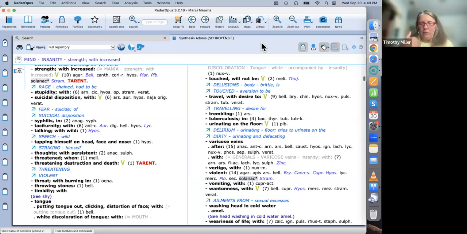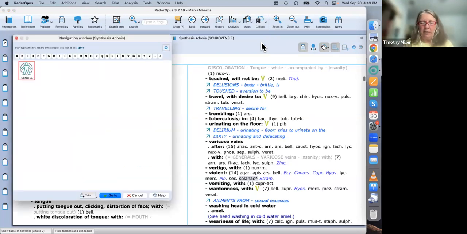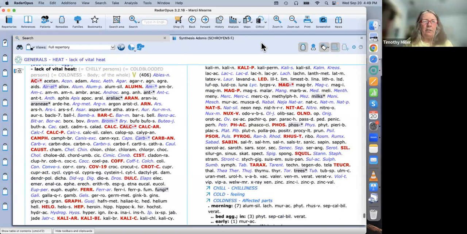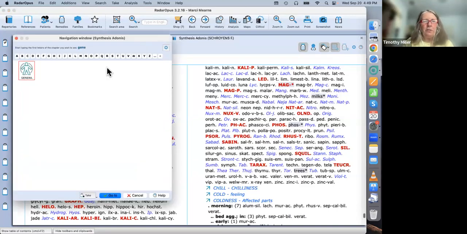So the first place I usually look for a chilly patient is in generalities, and I'll just go GEN for generalities. Heat, lack of vital heat. Now, if you don't know that symptom, you will maybe know it after we've done this. If I didn't know any better, let's pretend I don't know any better. Generals. What do we say?